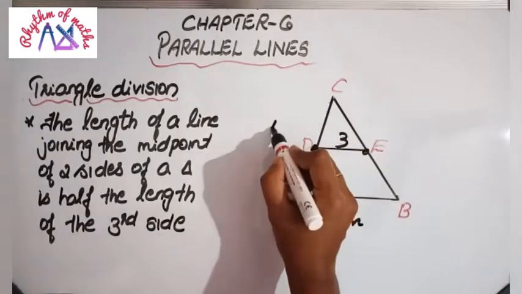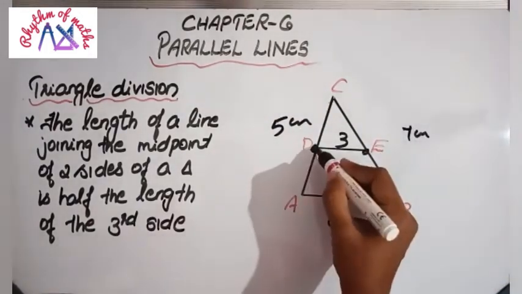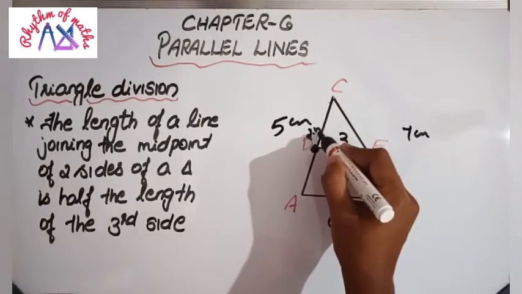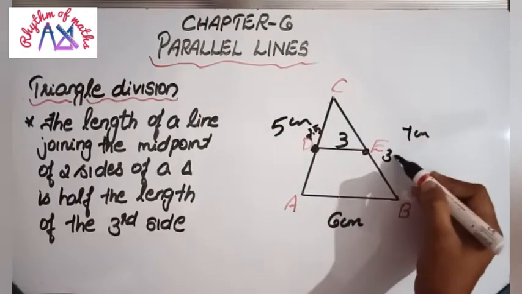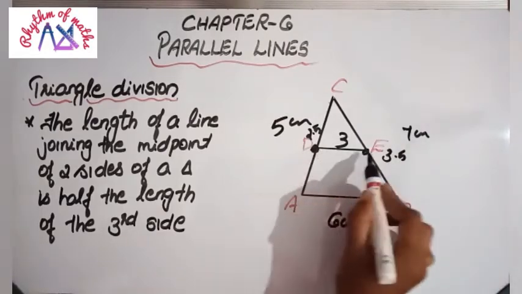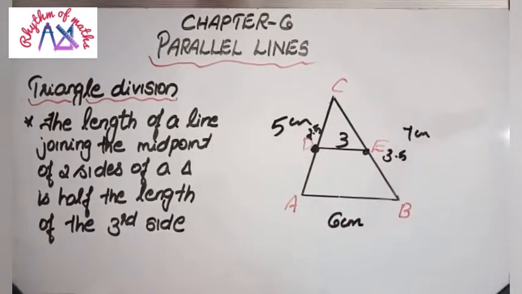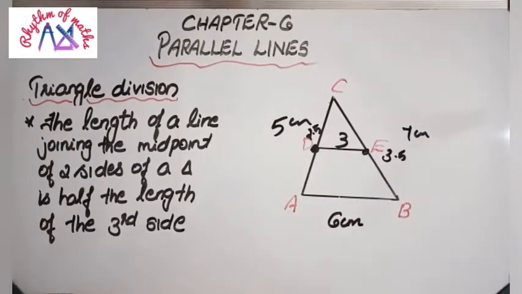Suppose AC is 5 centimeters and BC is 7 centimeters, and D is the midpoint, that is 2.5, and E is the midpoint, that is 3.5. If it is so, we can say that the length DE is half of the line AB, that is half of 6, 3 centimeters. So this is the third concept.